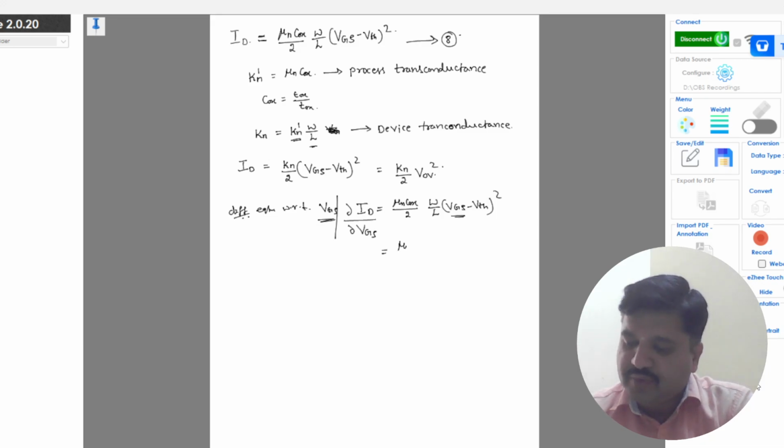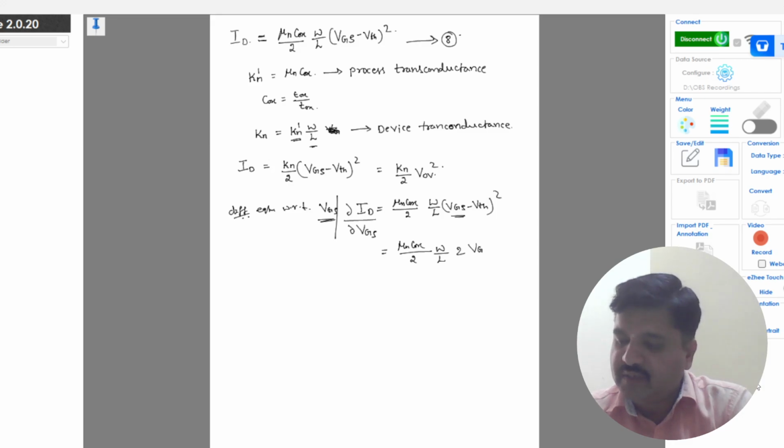So this is μn COX by 2 into W by L into 2 times (VGS minus VTH) into 1. The 2 and the 2 cancel. So this happens to be μn COX into W by L into (VGS minus VTH).